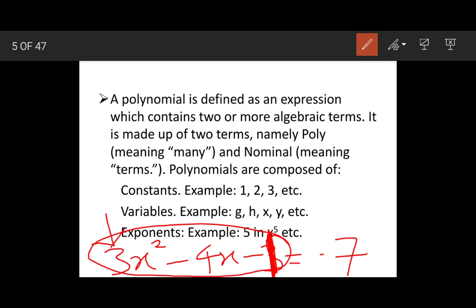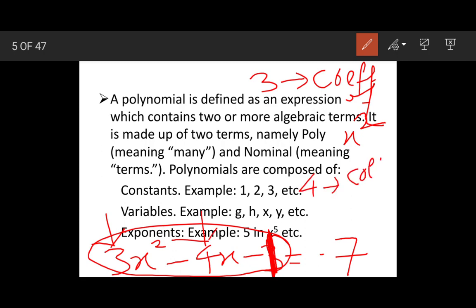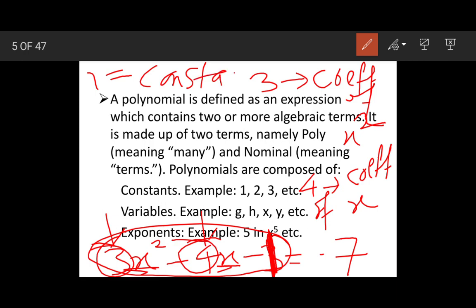So the first 3 is known as a coefficient of x square. Then this 4 is also known as a coefficient, the coefficient of x. 3 is a coefficient of x square, 4 is a coefficient of x, and minus 1 is a constant value.